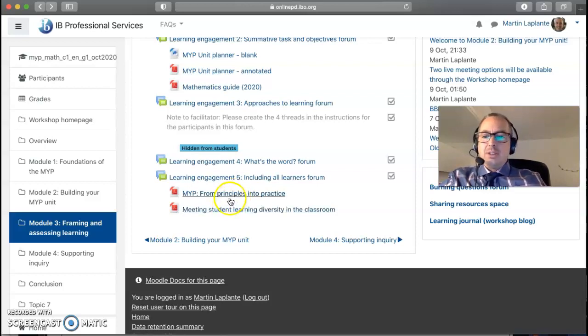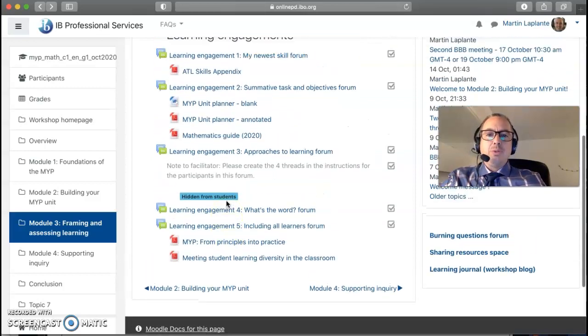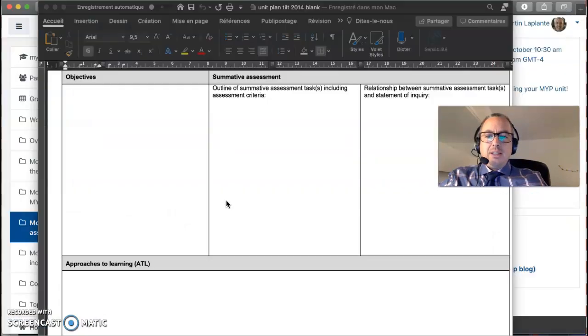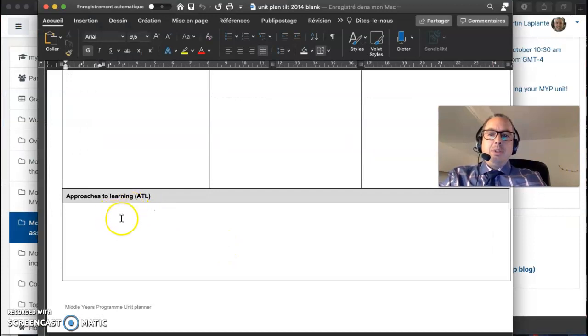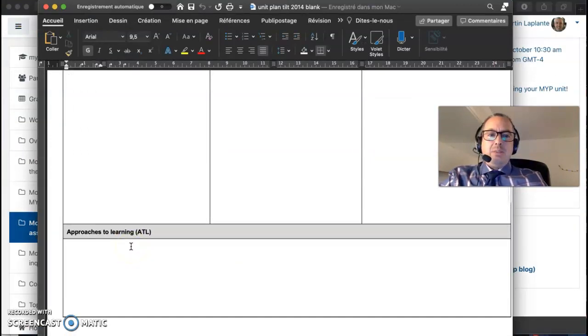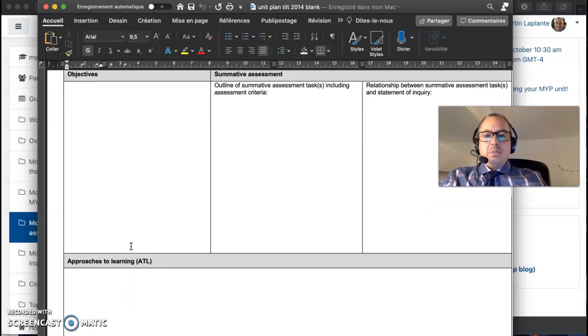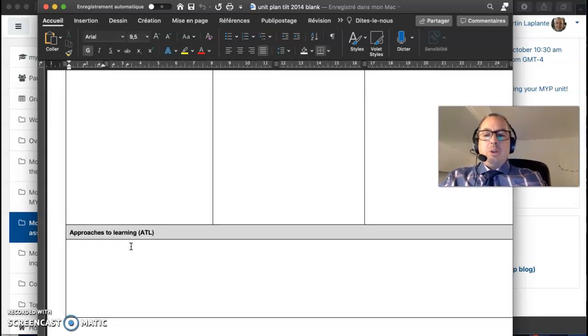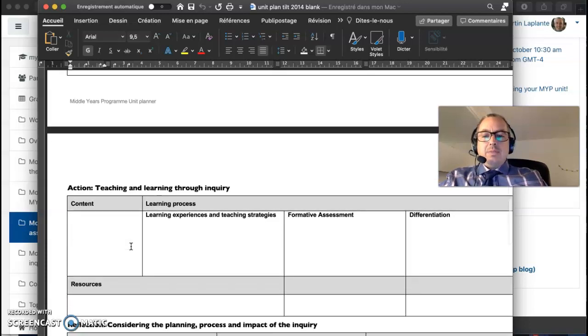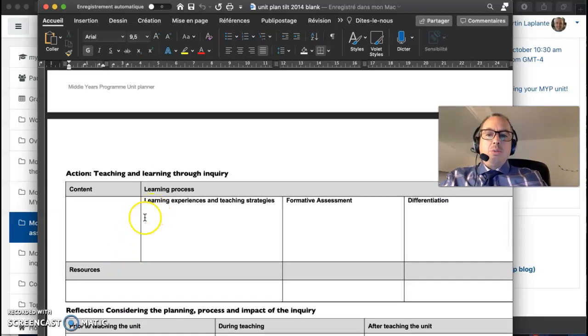Okay, so that is pretty much the overview. You understand that for the part with the ATL skills, there are precisions within the form, and also to understand what we expect. And when you are going to list the content, it is pretty easy. You have chosen that before.